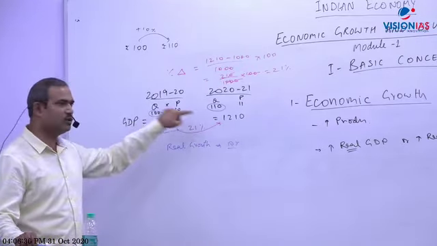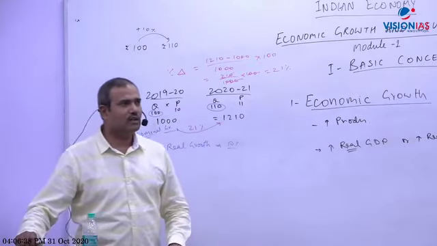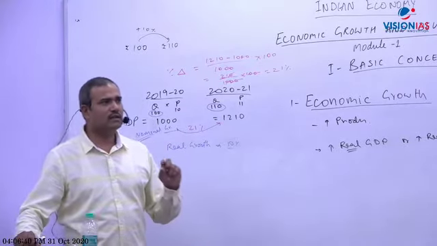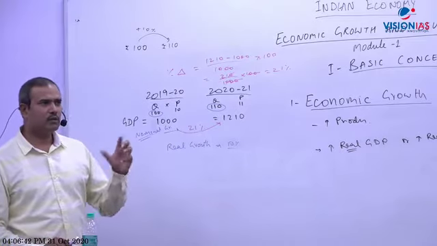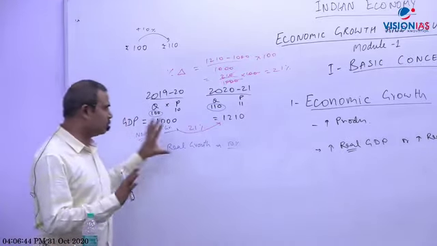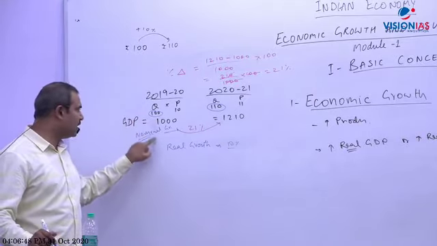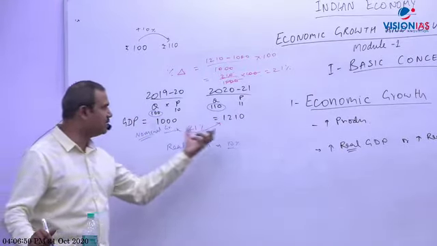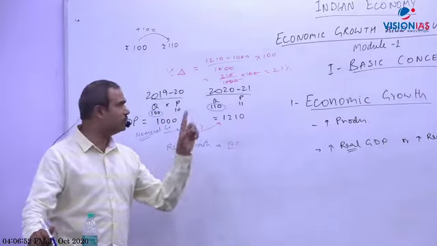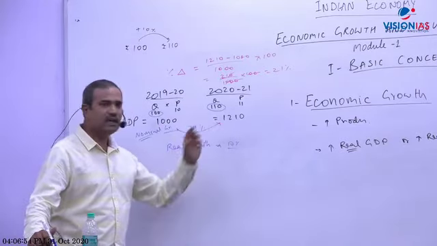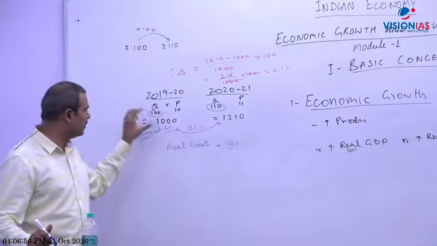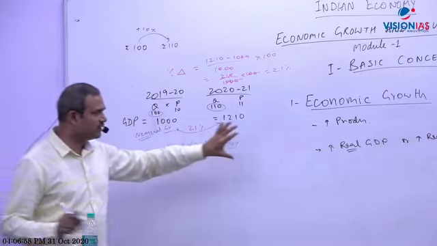The base is 100, so 10% growth. Sneha also, most of you have given 10%. So remember: nominal value means money value, which increases because of the increase in production as well as price, and real growth is based only on actual production. That is why it is real GDP.